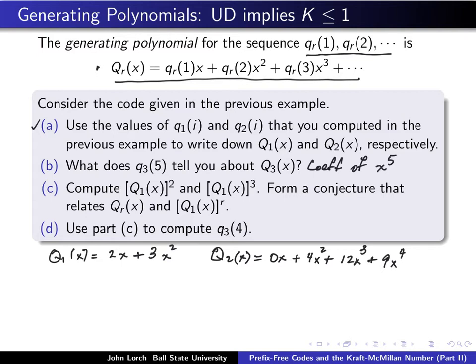Now, back to part A again, when we computed capital Q sub 1 and capital Q sub 2, you might have noticed that Q sub 2 is the square of Q sub 1, right? So Q sub 1 of x, quantity squared, is equal to Q sub 2.